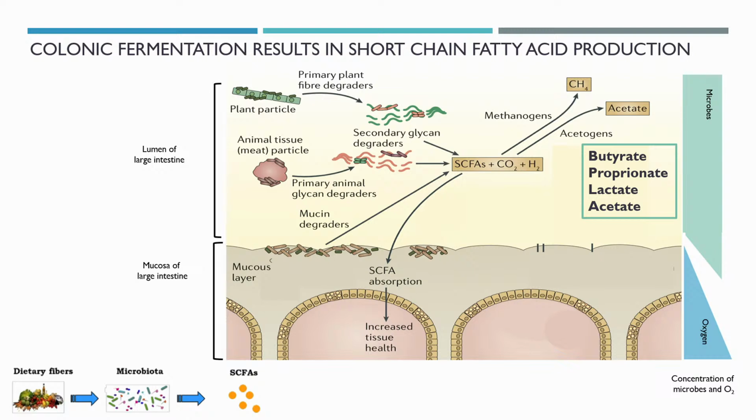There are different microbes that are able to break down this plant particle. There are primary degraders and secondary degraders, but what matters is that degrading these fibers produces short-chain fatty acids. The four main ones that you have to know are butyrate, propionate, lactate, and acetate.